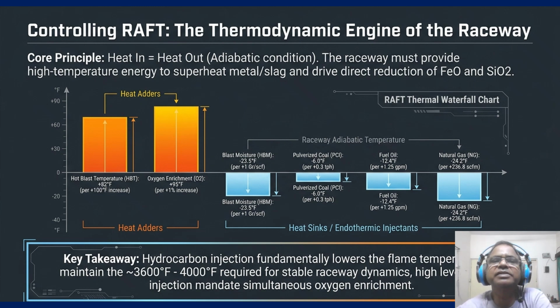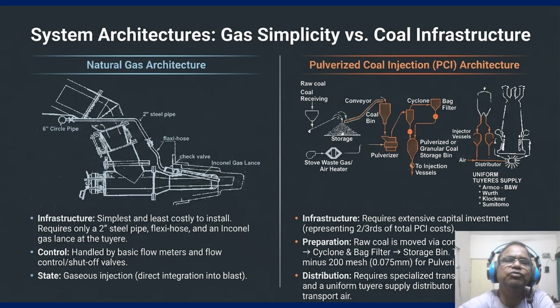Without balancing this waterfall, your hearth will chill and your slag will lose its fluidity. Balancing this thermodynamics is one challenge, but the physical architecture required to deliver this fuel represents a massive chemical divergence.